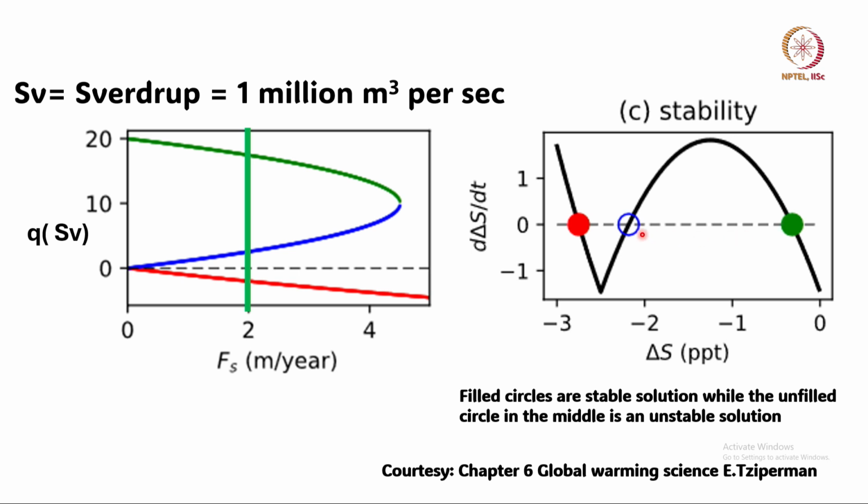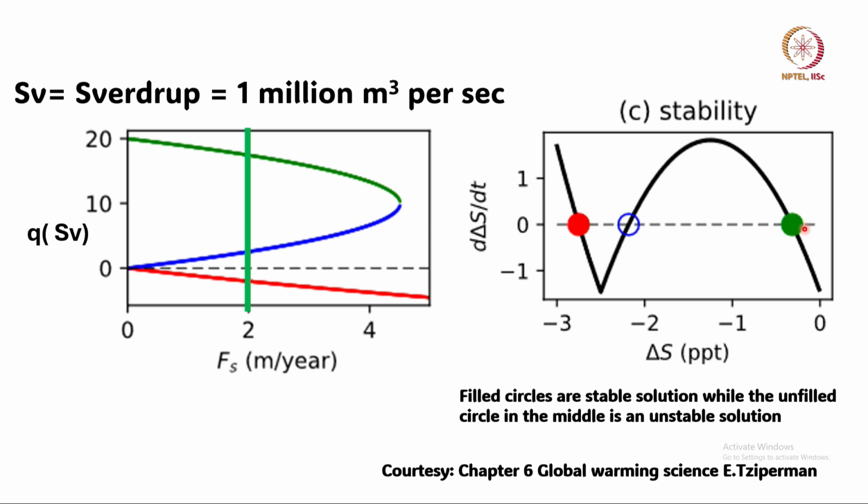So, why do I say that? This is similar to what we discussed when we discussed the stability of the global mean temperature. There also there were three solutions, two of them stable and one unstable. The same argument applies here. If we are at this red point, which is stable, and slightly change the salinity, there will be a reaction which forces the salinity to change such that it goes back to this spot.